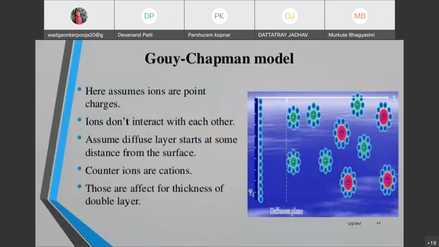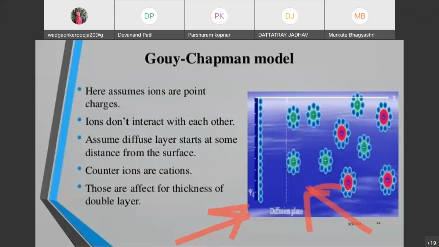Wait, let me tell you. The layer and the solvated ions have a difference between them, meaning the distance between them is larger, or you can say they are not in a rigid state.